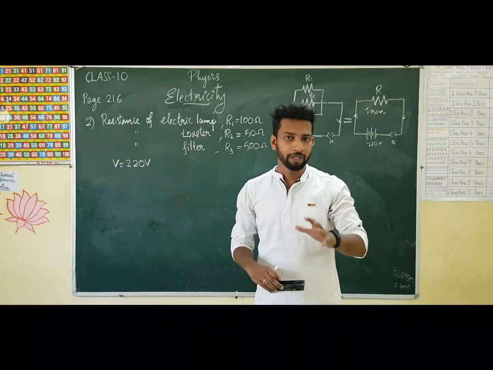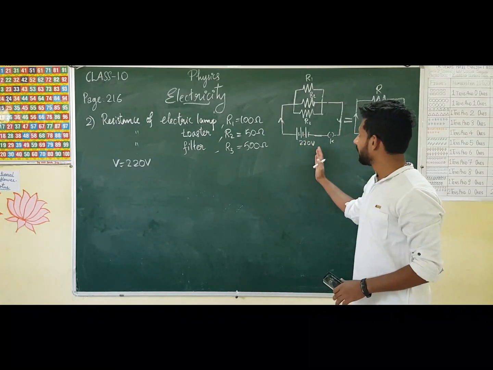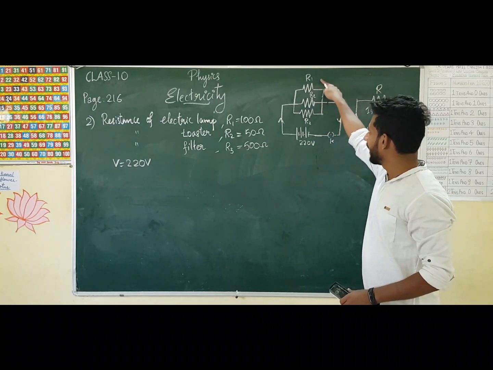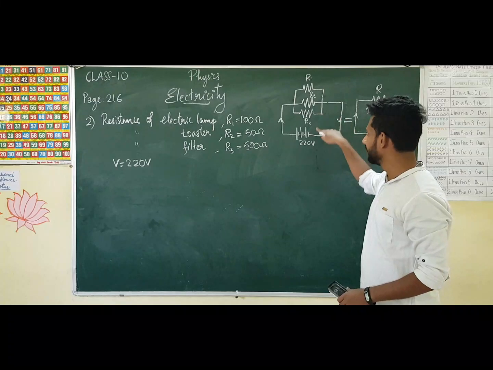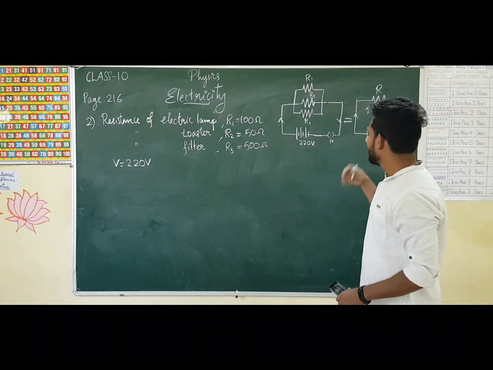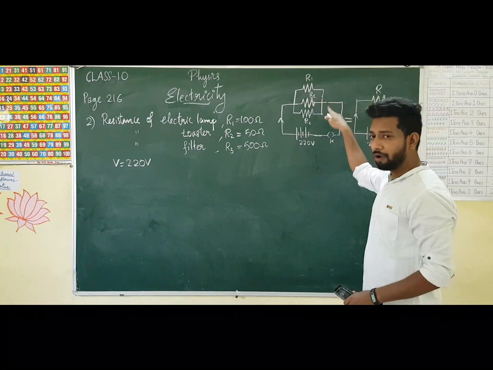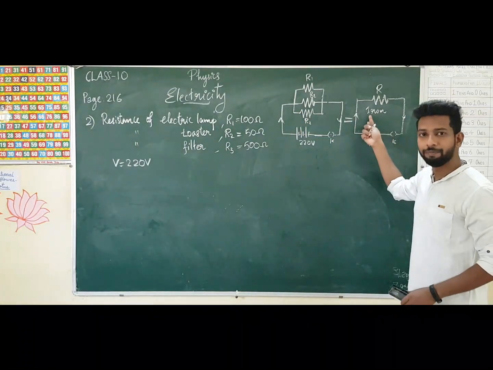Before solving the problem, better you draw the circuit diagram. I have drawn the diagram like this: R1, R2, R3. These represent the lamp, toaster, and filter. All these are connected in parallel with the 220 volt battery or source. In this question, they mentioned that the total resistance of these three is equivalent to the resistance offered by the electric iron.